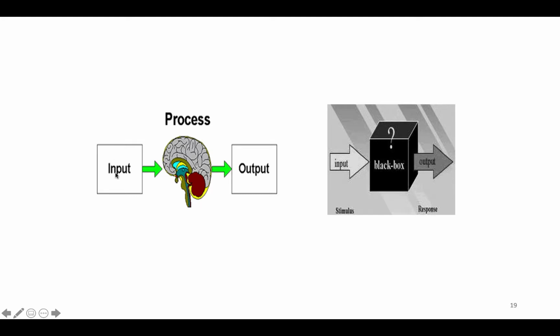Your sensory organs sense the stimuli from the environment, and then your brain processes them, and then you express the information or stimuli you receive from input.